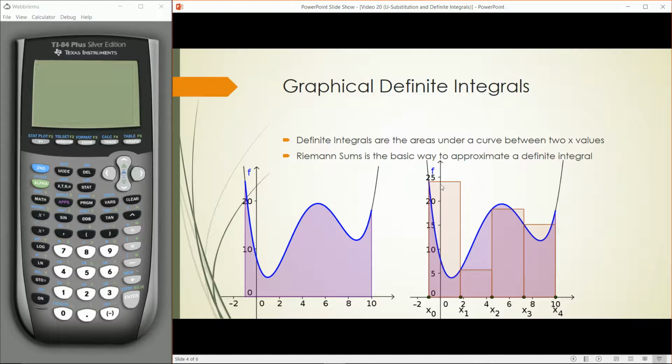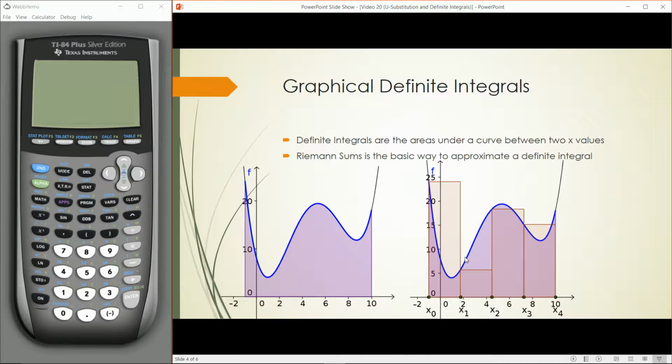Now note that I said this is a left Riemann sum. If you do a right Riemann sum, for every interval, you go on the right, go up, and then finish off coming backwards. All right? So this one would be up here, and so on and so forth. There's also a midpoint where you go to the middle of the interval, go up to where it is, and go side to side for every interval.